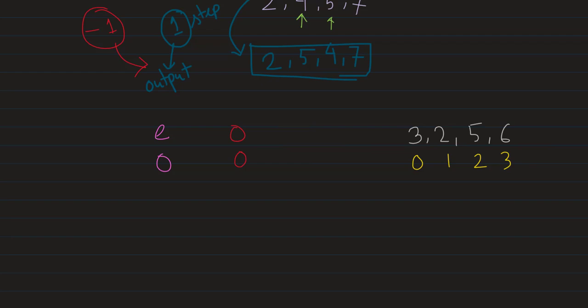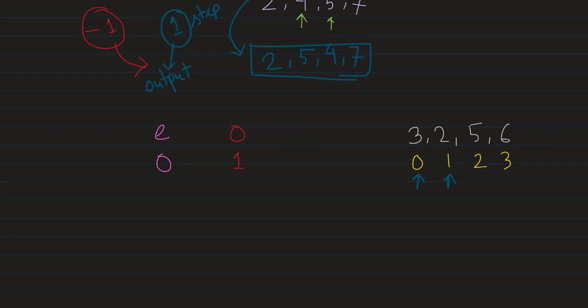So at this index, the element is 3 and the index is 0. The element is odd and the index is even. Therefore, we will have to increment o, right? Let's increment o. At the next index, we can see that the element is even and the index is odd.